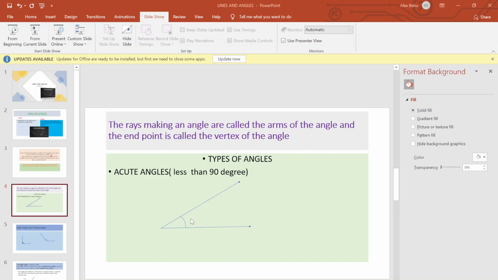If one of the rays is in this direction, and this is the common ray, then the angle between the two of them will be 90. Then we can say that it is complementary. If the ray is in this direction, then the sum of the adjacent angles is 180 degrees, which is called supplementary angles.